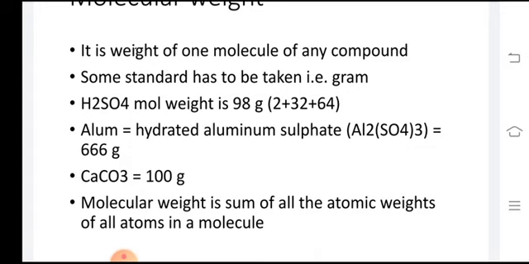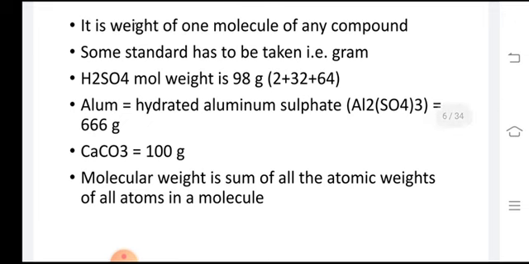We have 12 atoms of oxygen, and I think I missed H2O. It is 18 H2O, and one molecule of H2O is 2 plus 16, which is 18. So 18 multiplied by 18 will be added to this figure as well, and then we get this 666 grams of hydrated aluminium sulfate.